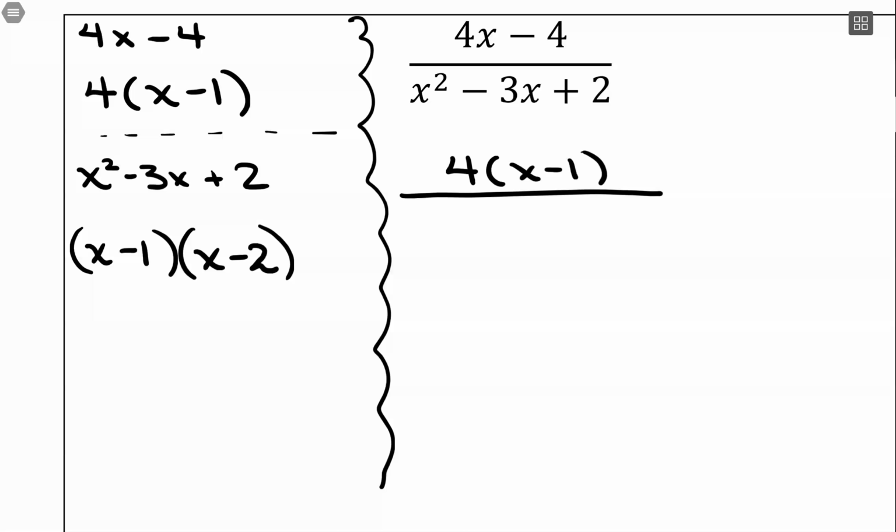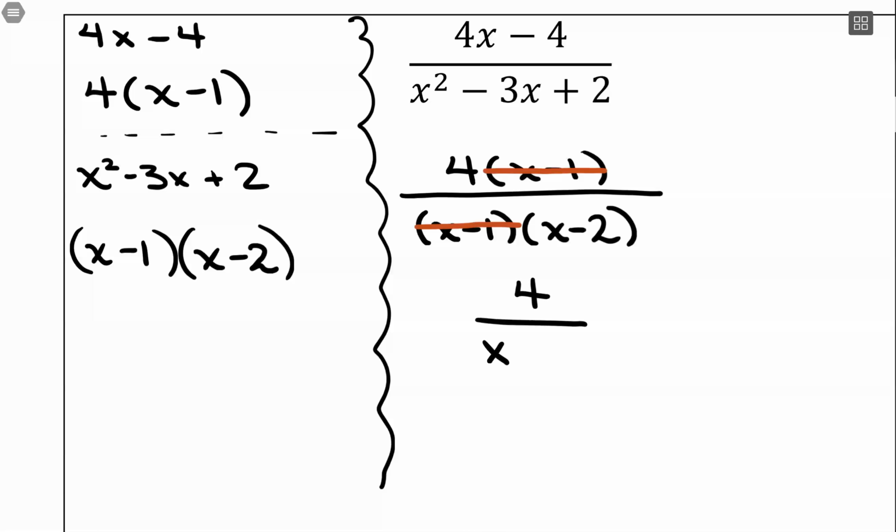So that factored form is what I can replace it with in the denominator, x minus 1 times x minus 2. So now I can see in parentheses I have this x minus 1 and I have the same x minus 1 in the numerator as well. Those two pieces can cancel out so that we're left with 4 in the numerator and x minus 2 in the denominator.